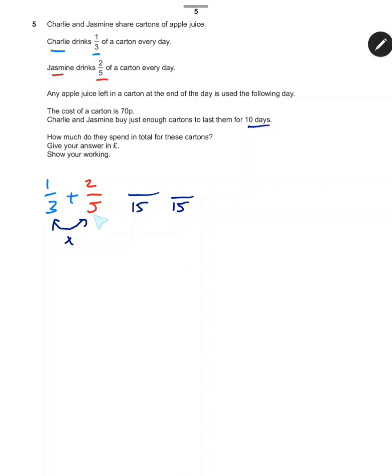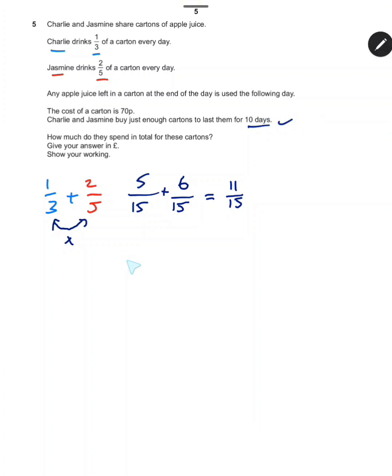I multiplied this 3 by 5, so I'm going to multiply the 1 by 5. I multiplied the 5 by 3, so I'm going to multiply the 2 by 3. If we add those together, 5/15 and 6/15 is 11/15. We drink 11/15 of a carton every day for 10 days.